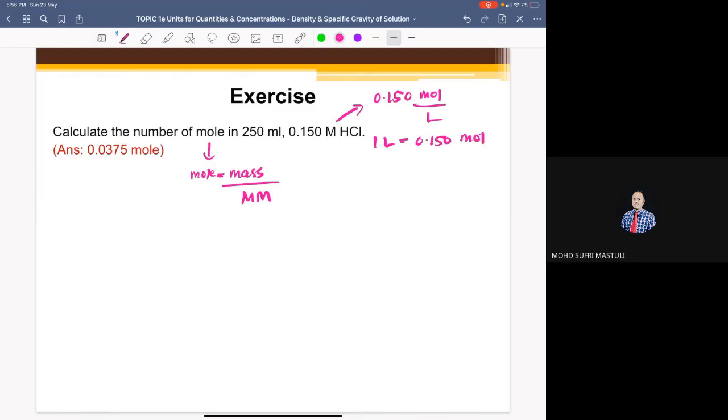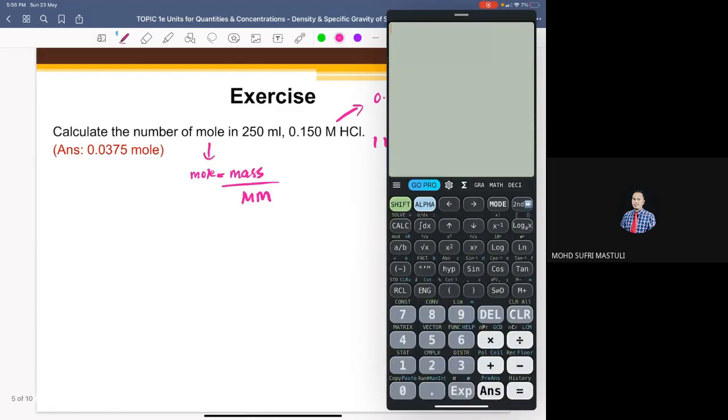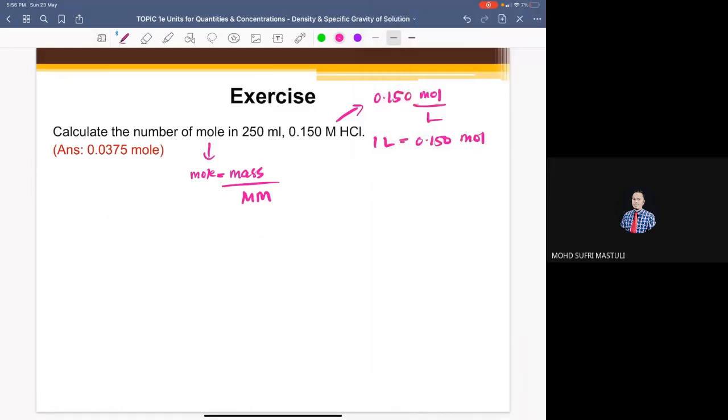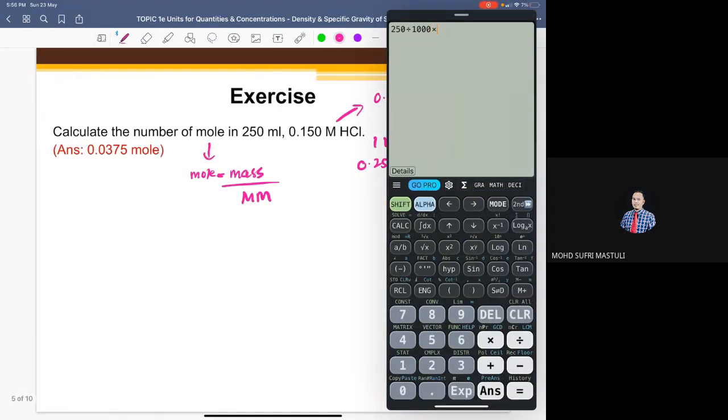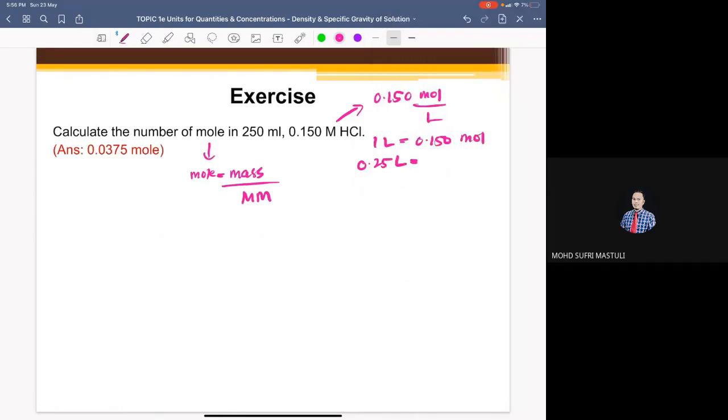So 250 ml is equivalent to 0.25 liter times 0.150. You can obtain 0.0375 mole.